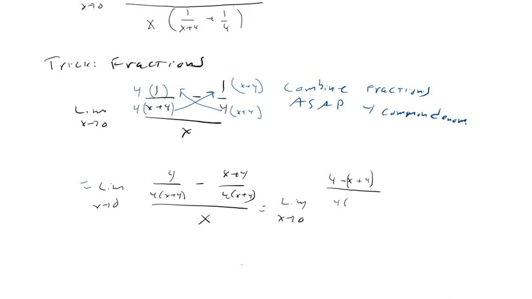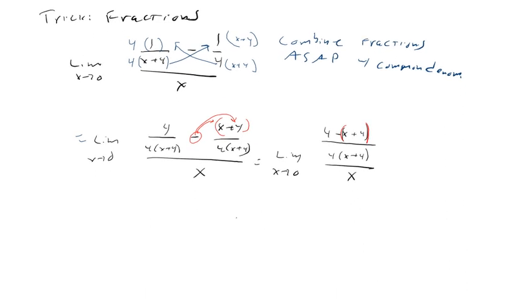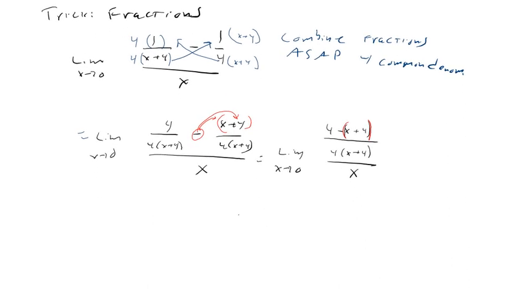See, look what I did here with this parenthesis. I put a parenthesis around this x plus 4 because the entire thing is negative, right? I need to take this negative, and I should distribute that negative to both of these two pieces. Limit as x approaches 0 of 4 minus x minus 4, over 4 times x plus 4, over x.